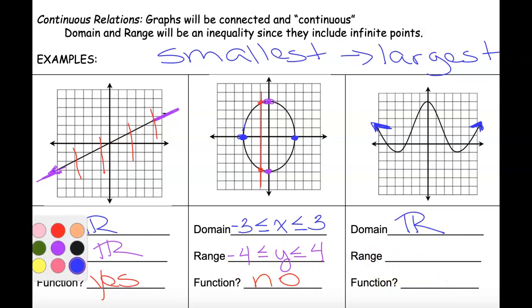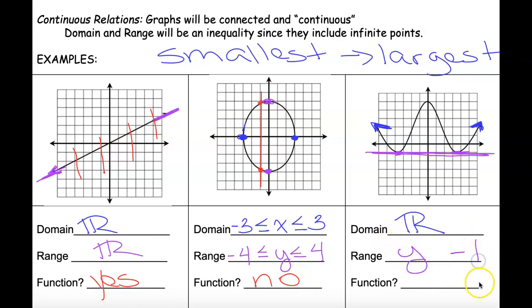For our range, going down, there is a starting point. This is as far down as our graph goes, and that happens at -1. Now, if it was pointing down, that would mean our y has to be smaller than -1, but since these arrows are pointing up forever, that means that -1 is the smallest our number will get, and then it keeps getting bigger and bigger from there.